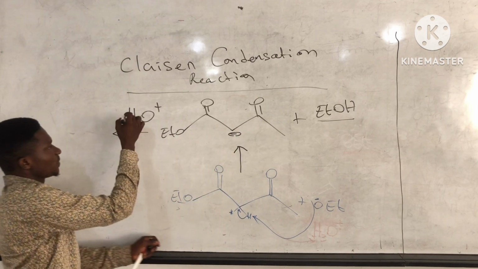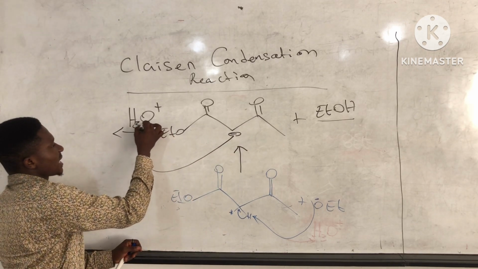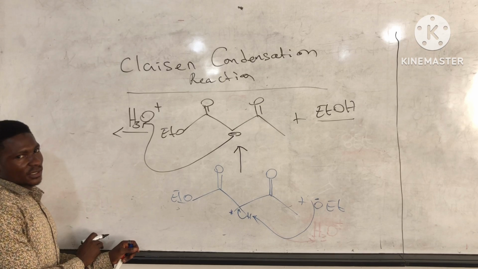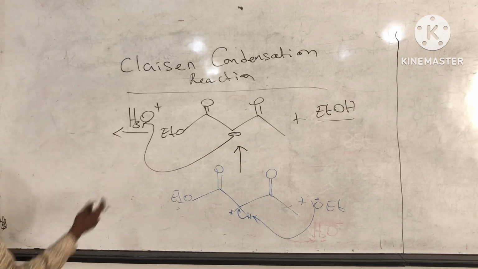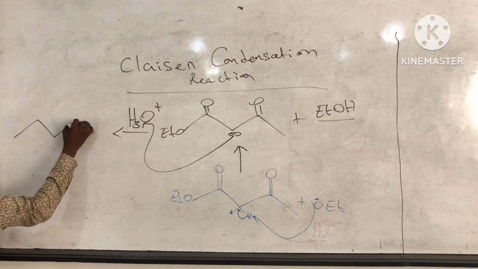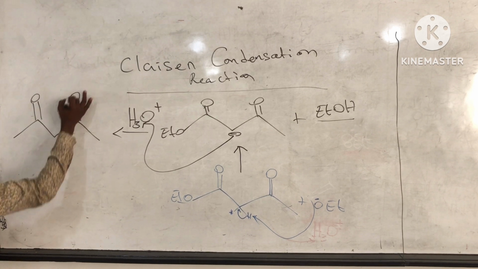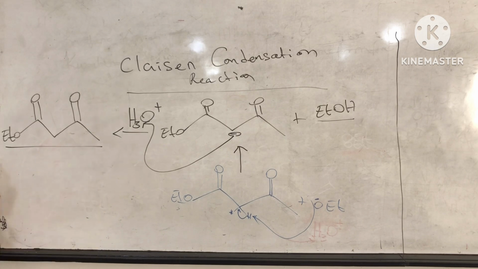Okay, so what happens is that our negatively charged carbon comes to abstract a proton from our hydronium ion so that it can quench the negative charge here and become what? Neutral. All right, so when that happens, we end up having this. Good. So now this is our final product.